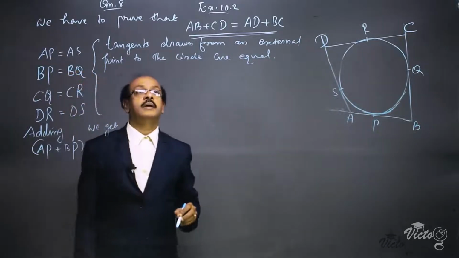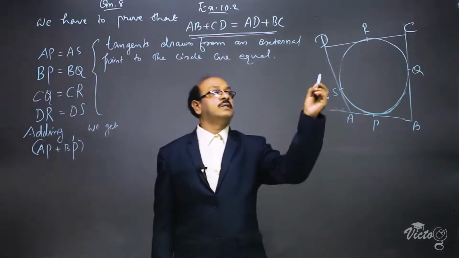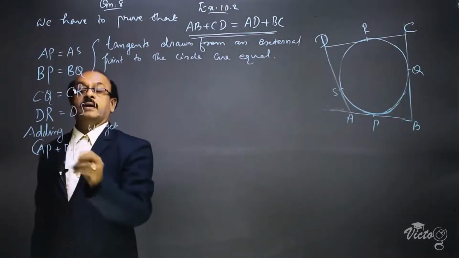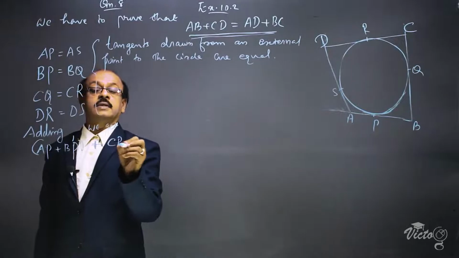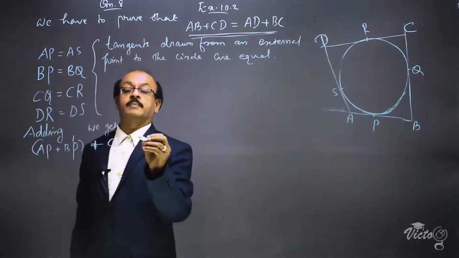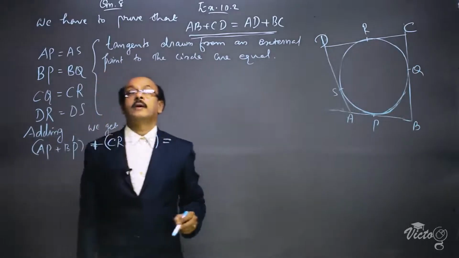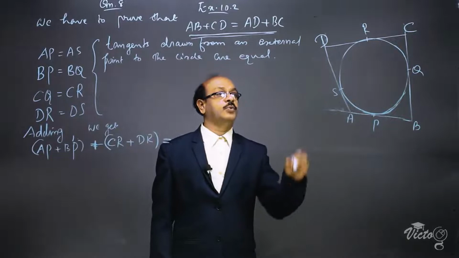Then CD, the length of CD is equal to CR plus DR. On the right side, the length of AD will be equal to AS plus DS.